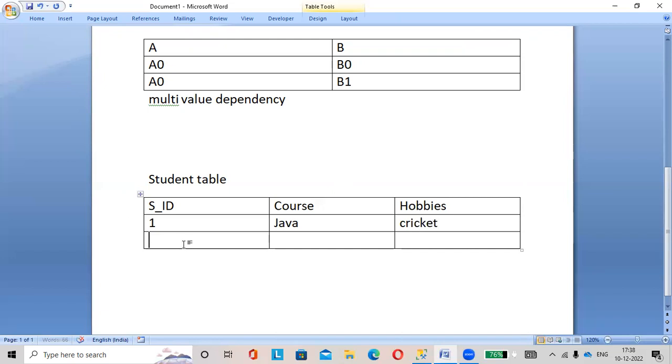So student 1 again enrolled for C++. He has two hobbies, dancing. So student roll number 2, he enrolled for C#.